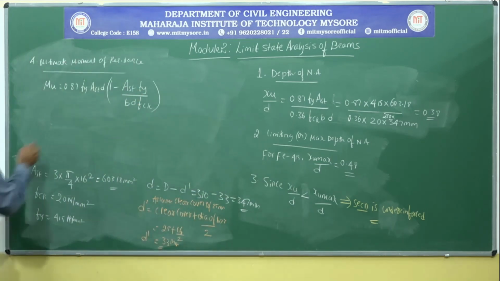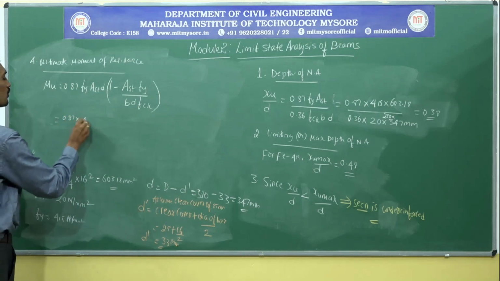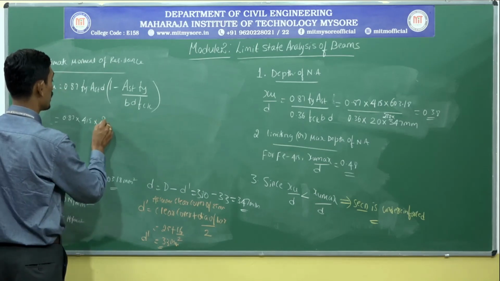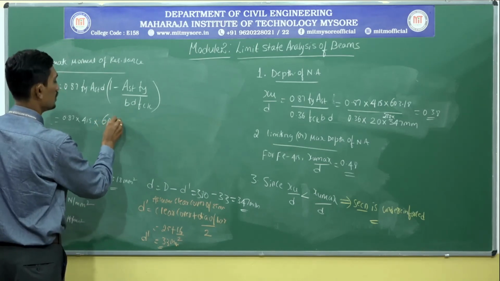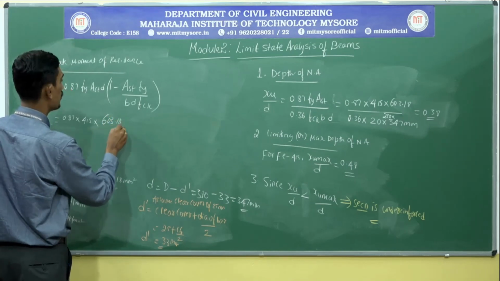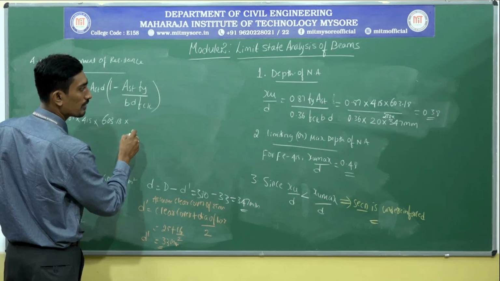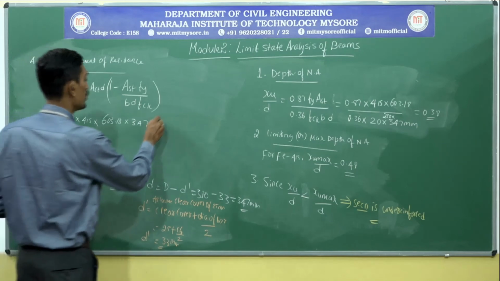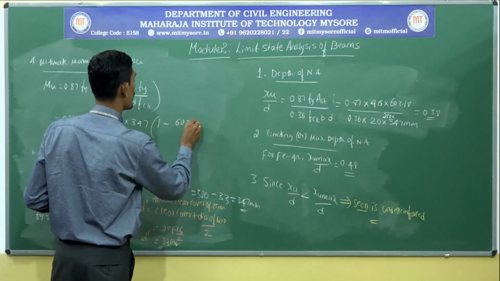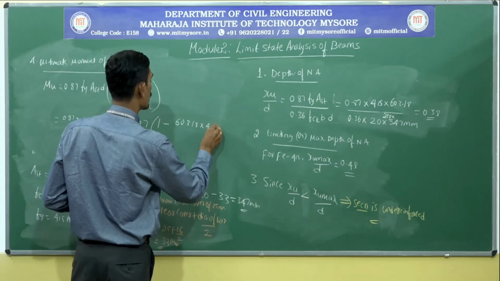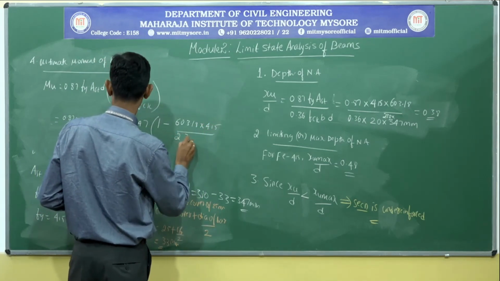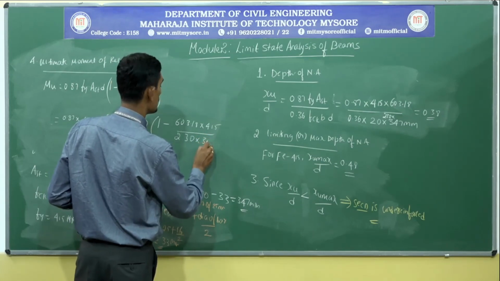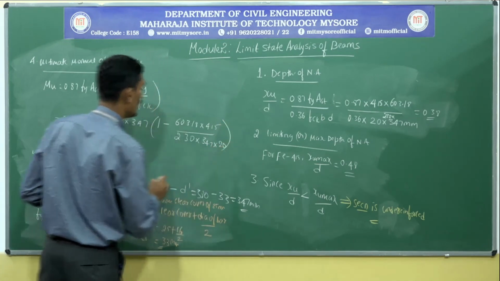Now substitute everything, that is 0.87 into 415, into AST, which is 603.18, into D, the effective depth, 347, into 1 minus 603.18 into 415 divided by B, 230, into effective depth 347 into 20.